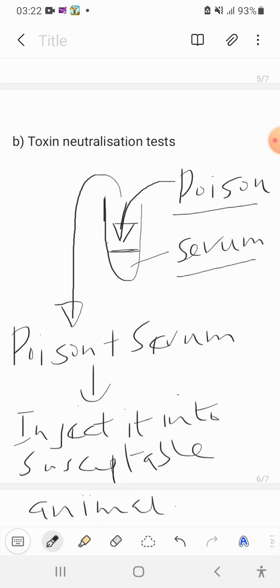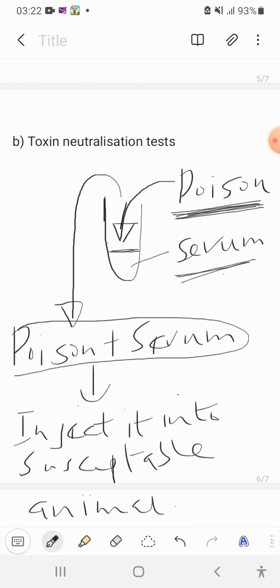So if the serum has the antibody against that poison, then after incubation, the biological effect of the poison will be neutralized. So when you inject this mixture into the animal, it will not die because the poison has been neutralized.